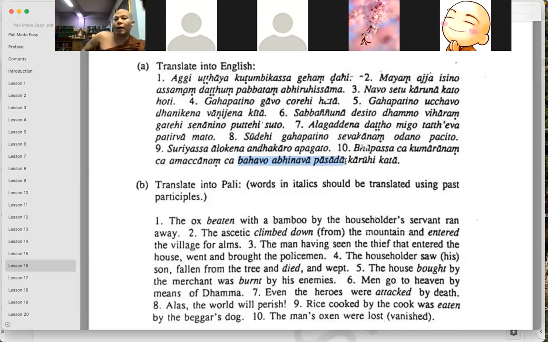So Basada, palaces, Kata. Basada, Kata. Palaces are built by the carpenters, Karuhi, that is the agent for the past participle Kata.